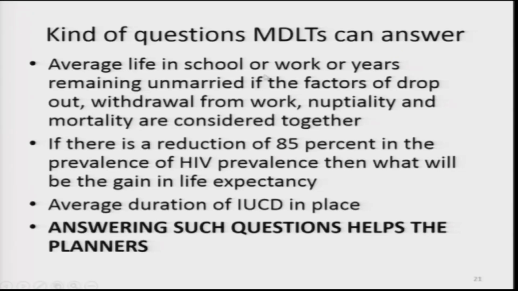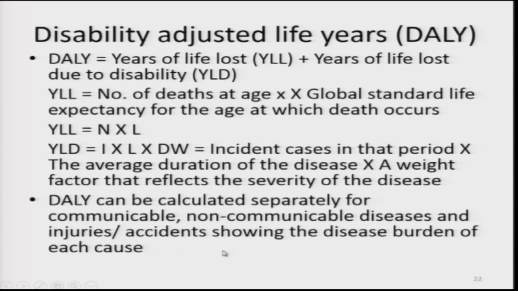Similarly, at what age a person will marry, and probabilities of survival and dying among married and unmarried persons can be considered separately. So, these are the questions which multiple decrement life tables can answer. Average life in school or work or years remaining unmarried, if the factors of dropout, withdrawal from work, nuptiality and mortality are considered together, and average duration of IUCD in place. Answering such questions helps the planners.